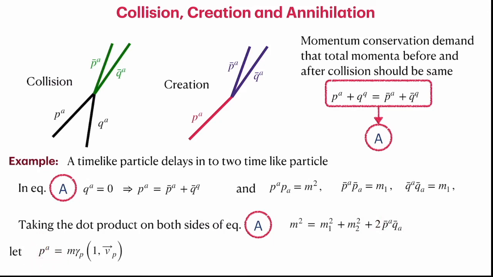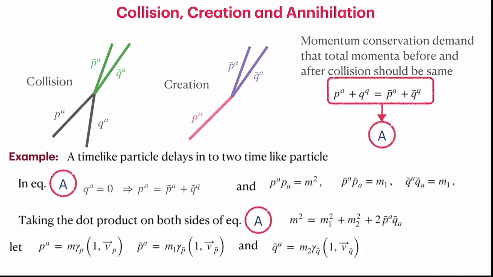We know that P A is m into gamma p times 1, Vp. So that is the velocity of this particle in the lab frame, or wherever this experiment is being done, not attached to the particle itself. Then we have their four-momentum given for the three particles. One has an incoming particle of mass m, the outgoing particles of mass m1 and m2, and the gamma factor is gamma p for incoming and gamma p bar and gamma q bar for the outgoing particles.